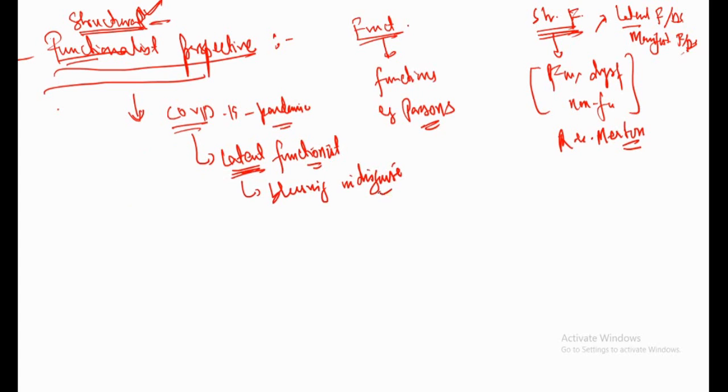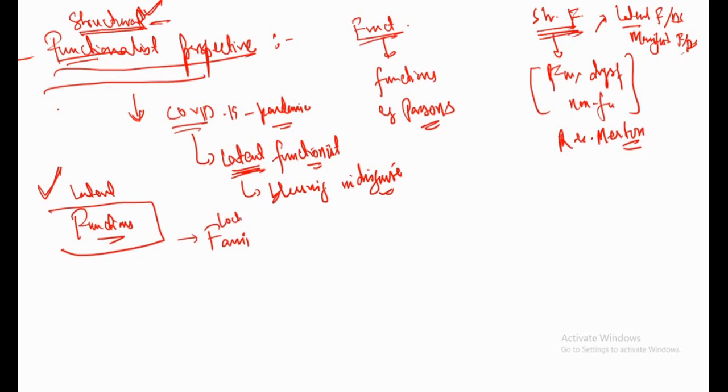Now I will write about it. First, I will talk about latent functions, or simply functions. If you're talking about the functionalist perspective, you will simply talk about functions. If you're talking about structural functionalists, you will first talk about latent functions. What are the latent functions? First, when there was lockdown, people who earlier were not spending time with family got time to spend with family.